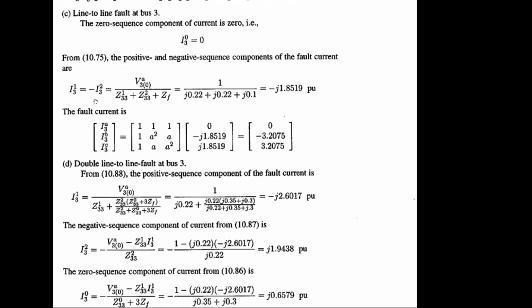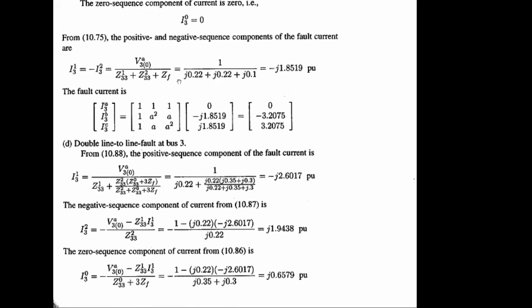The negative and positive sequence will be the same, but I30 will be 0. This is for line to line fault. Double line to ground fault will be complex. This one is the complex expression for I31, I32 and I30. And for line to line fault, you will have this negative sign information for current calculation.